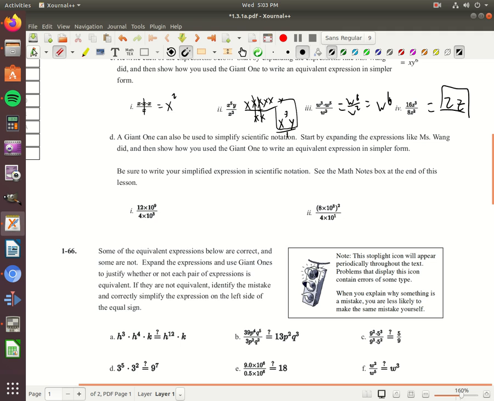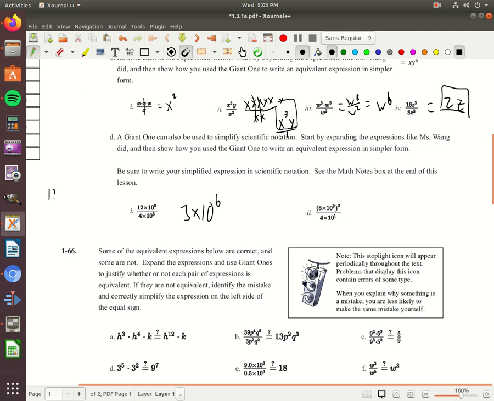So if I look at these ones, what is 12 divided by 4? It's 3. What is 10 to the 9th over 10 to the 3rd? Well, 3 get crossed out, and we have 10 to the 6th. Right?